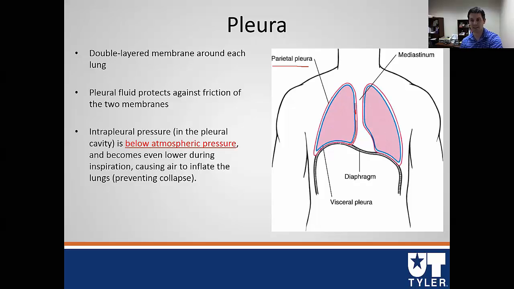We'll have more on that in the future, but I just wanted to make sure you see the definition of pleura and see how they line up. So again, visceral pleura lines the outer surface of the lung, and the parietal pleura lines the thoracic cavity and the diaphragm in order to make this intrapleural cavity.